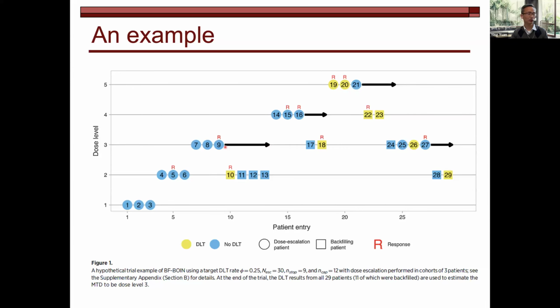After we treat the patients, we're waiting for patients 7 to 9 to finish their DLT assessment so we can decide how to treat the next cohort. During this DLT window, some additional patients enrolled, and by the rule we can immediately put those patients in a backfill dose. So right now, dose level 2 is lower than the current dose, which is dose level 3, and is safe.